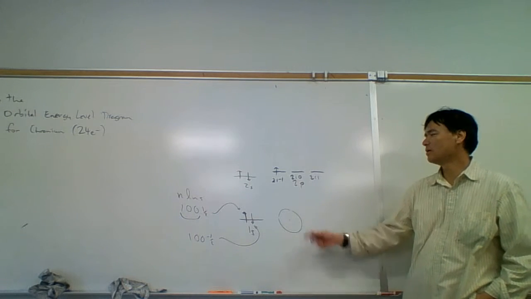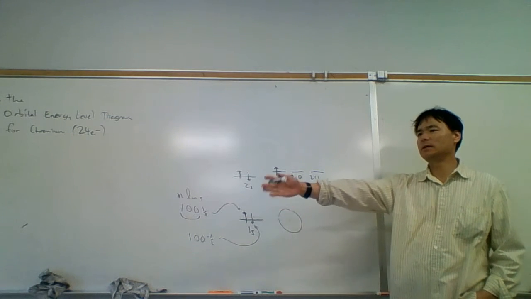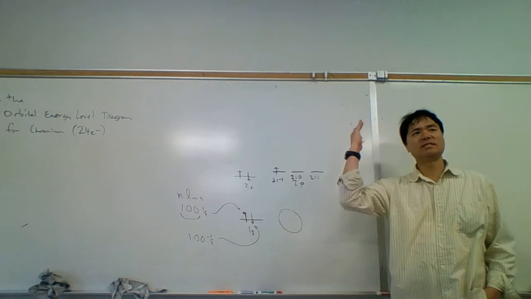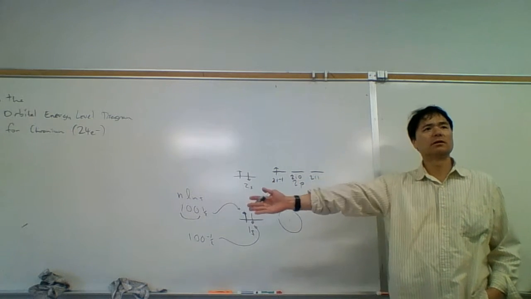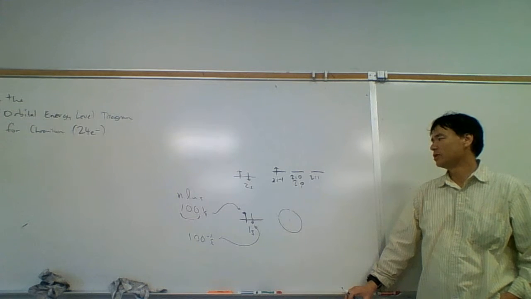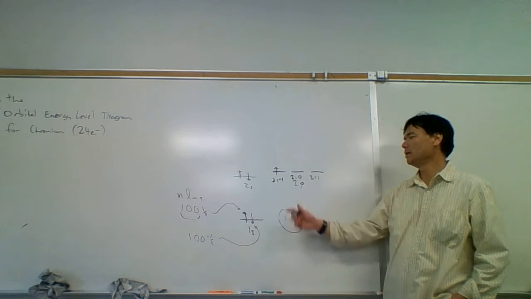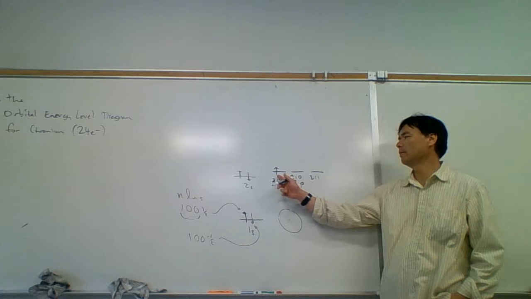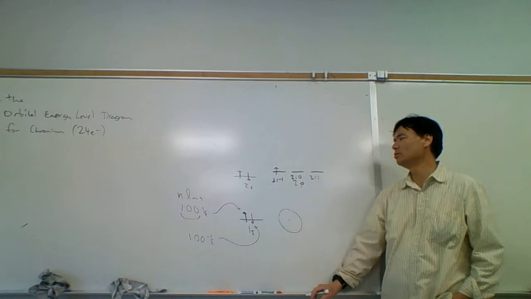And so these correspond to the p on the x-axis, the p on the y-axis, and the p on the z-axis. It just depends on how you orient it. They're the same energy, so what would you call this electron? This would be a 2, 1, negative 1, 1/2.